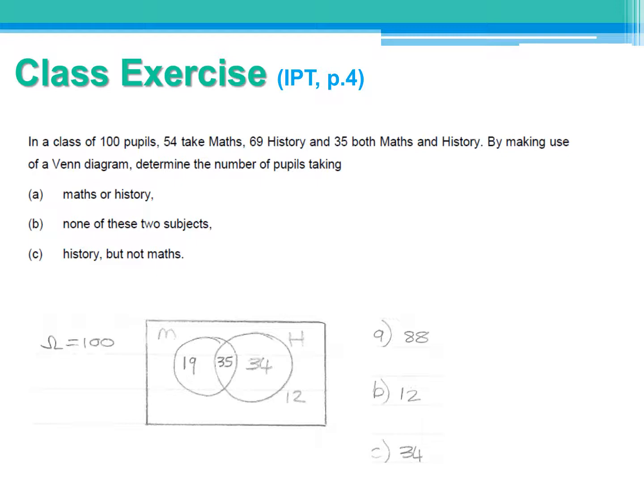Then none of these subjects, so it will be these pupils that are still in my sample space but not part of any of those subjects, so it will be 12 pupils. And then history but not maths, so it will be those 34 pupils in this history only part in my Venn diagram. So the answer for C is 34.